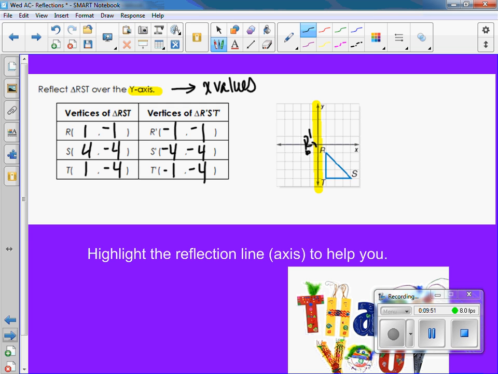So S is going to be at negative 4, 1, 2, 3, 4, negative 4. So S prime is here. And then negative 1, negative 4, T prime is right about there. So as you can see, this has been reflected over the y-axis.